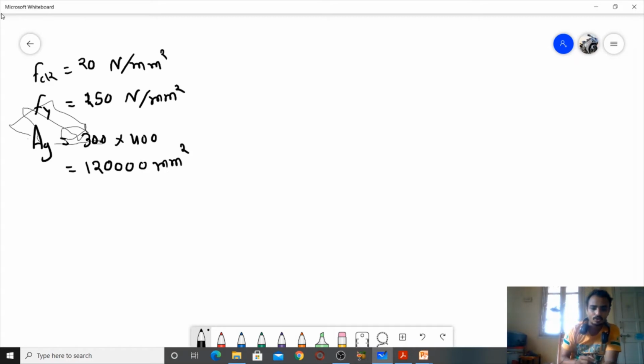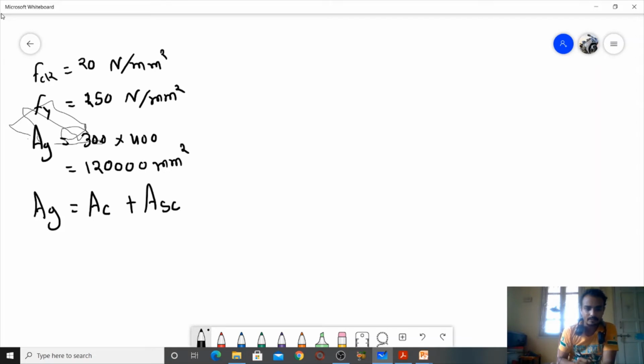But in the gross column area we have area of concrete plus area of steel. So let us find the area of steel.